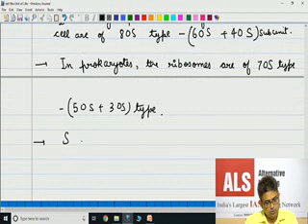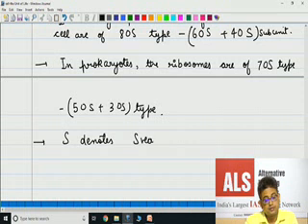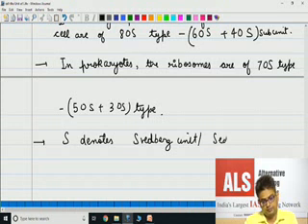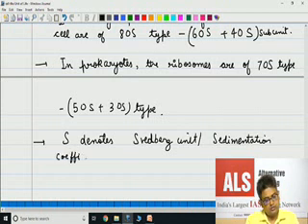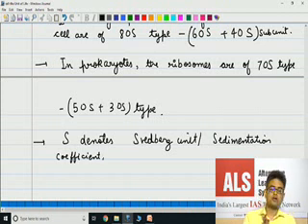So you can write now, S denotes Svedberg unit, or sedimentation coefficient. So do you understand why Svedberg unit, what is the meaning of it and how it is calculated?